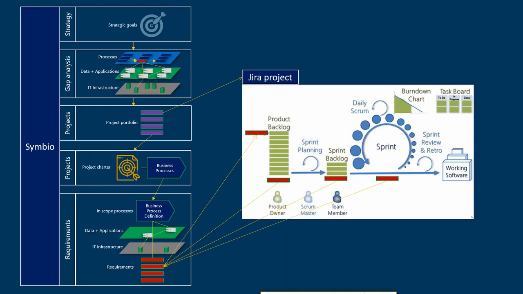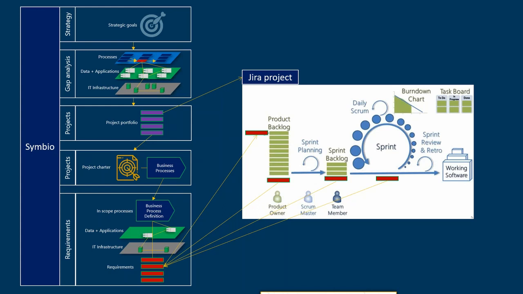So in short, on the right-hand side for today, if you look at the Jira cycle, you've got your product backlog. So the requirements that were now identified in Symbio are seamlessly migrated to a Jira project. And in that Jira project, that requirement goes through the cycle in terms of sprint backlogs in the sprint until you get a working solution, working software going out.